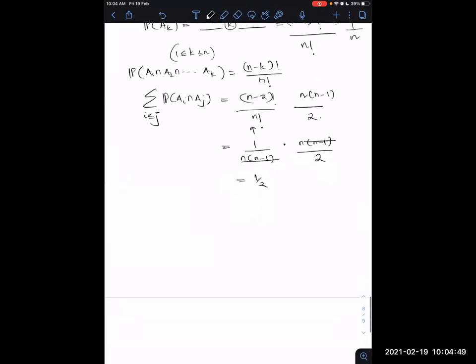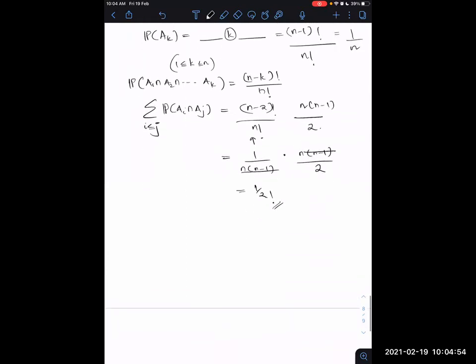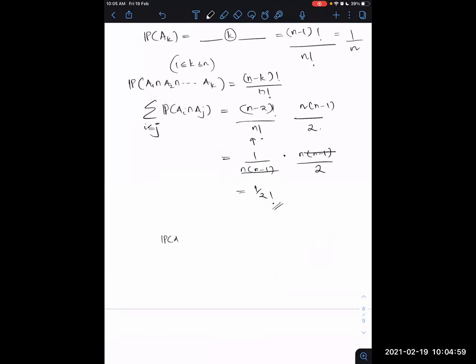Okay. And 1 over 2 is the same as 1 over 2 factorial. So let's just consider it as factorial for now. And what would happen for k terms? i less than j less than up to k. So we have one part of this, which is n minus k factorial over n factorial, which is true for every single term in this sum.